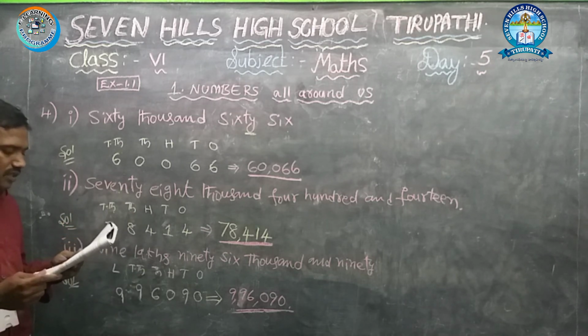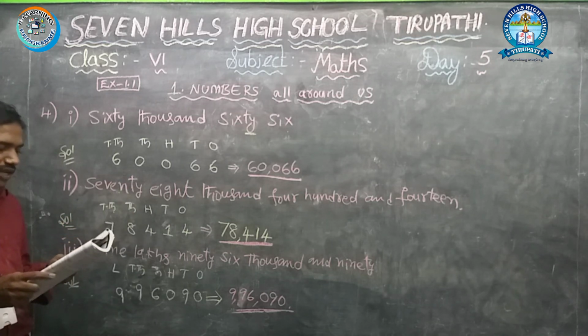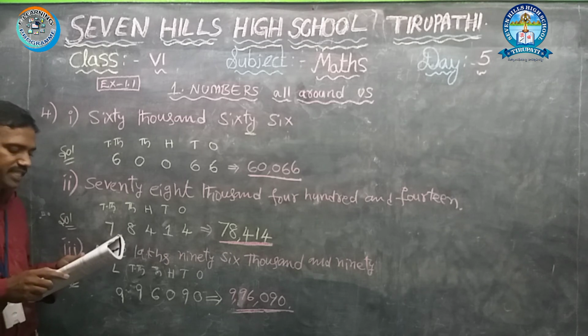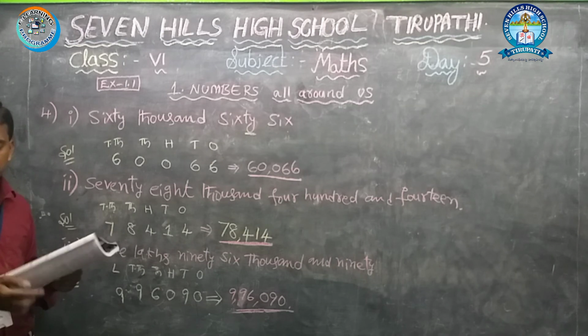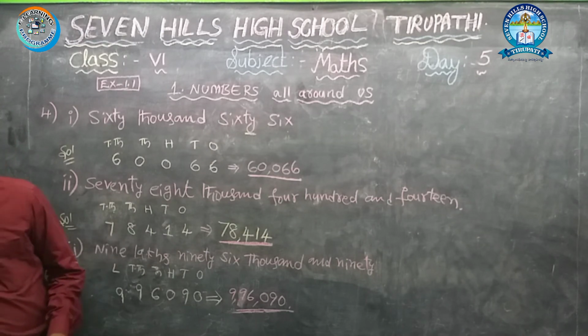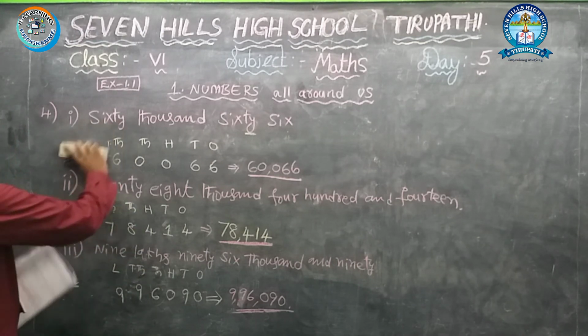Okay, now the fifth question: write 4-digit numbers as many as possible with the digits 6, 0, 5, 7. Now we are moving to the fifth question, right?